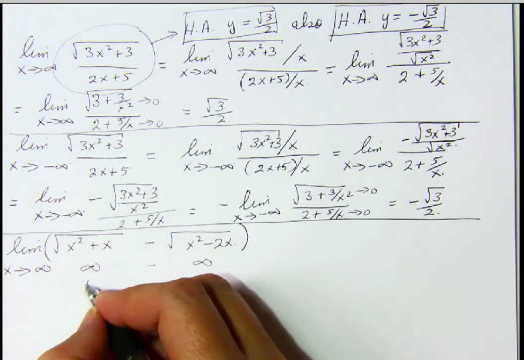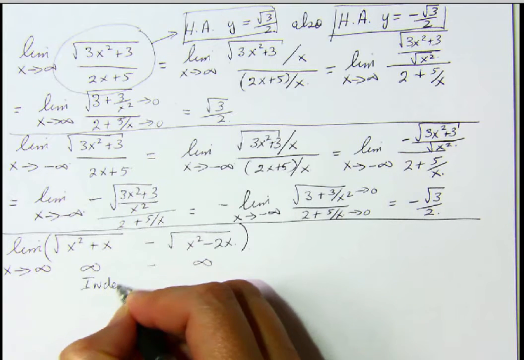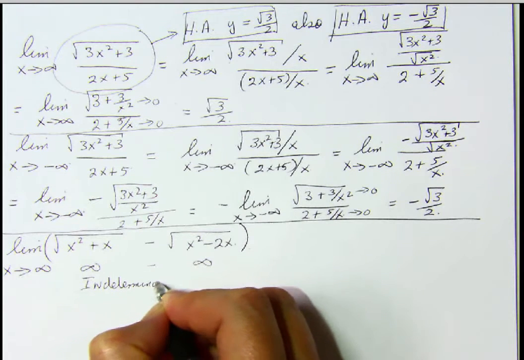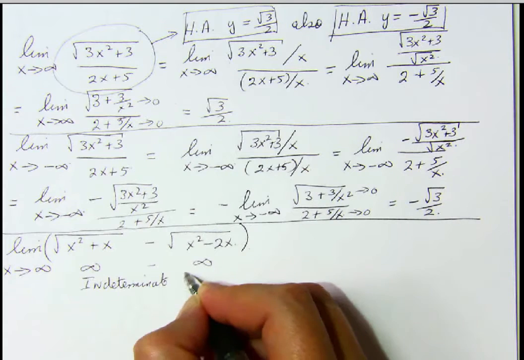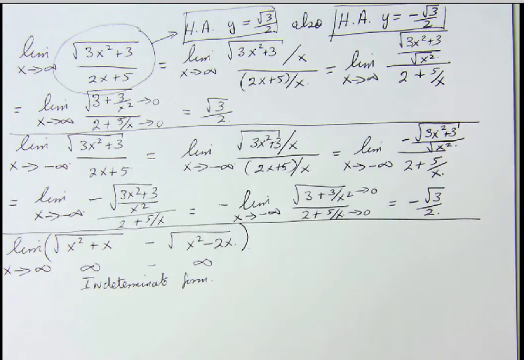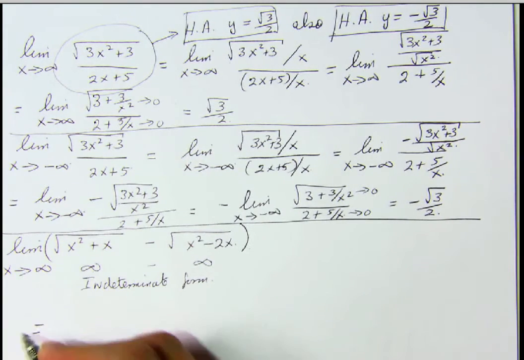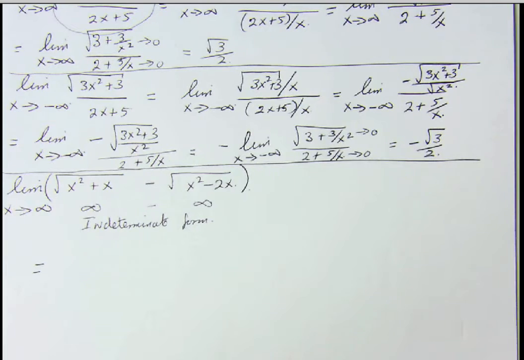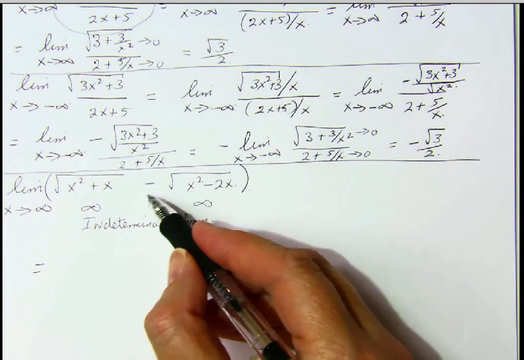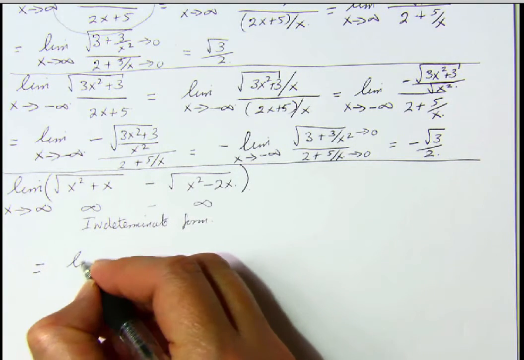So this is an indeterminate form. And so we must somehow reshape the function in order to figure out this limit. And you can imagine what we're going to do. We're going to multiply by the conjugate so we can get rid of these square roots.